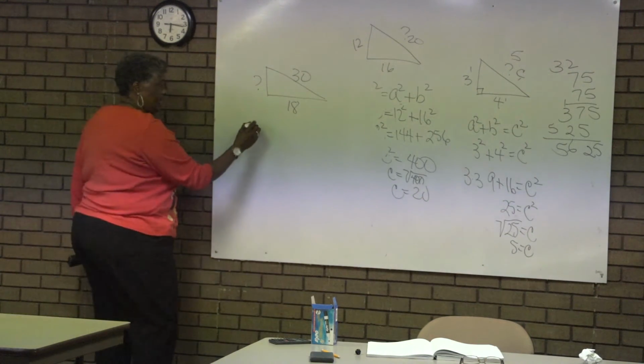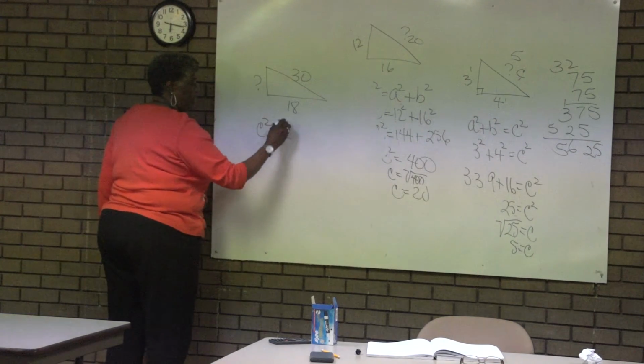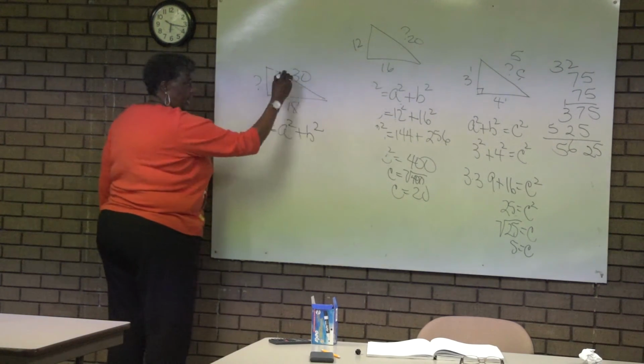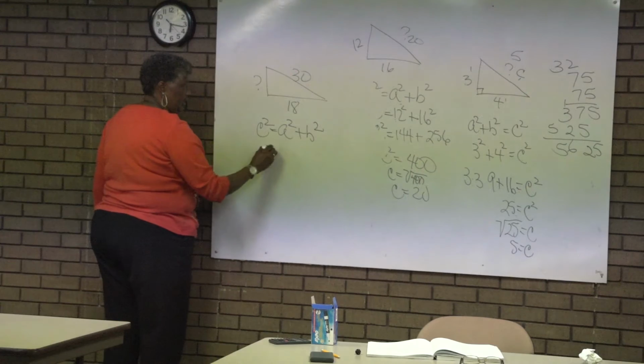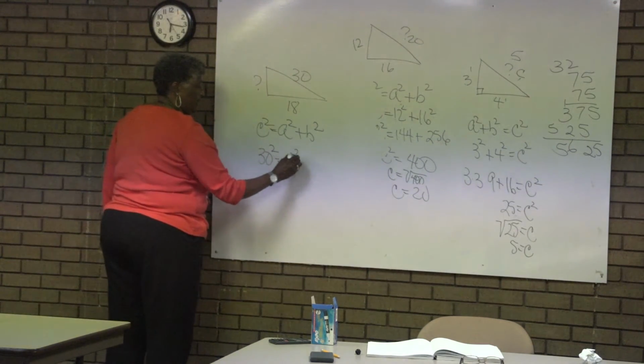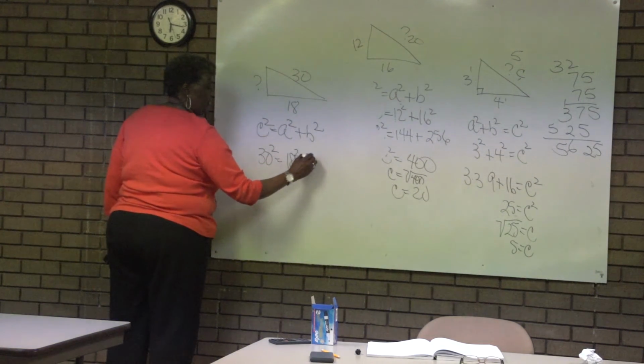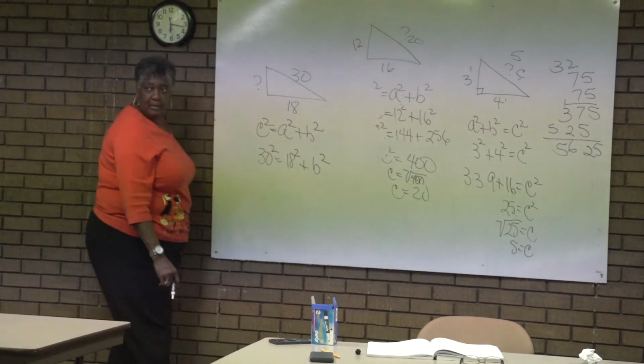So now I know that c squared equals a squared plus b squared. I have 30 squared is equal to 18 squared plus some other number squared. Okay?